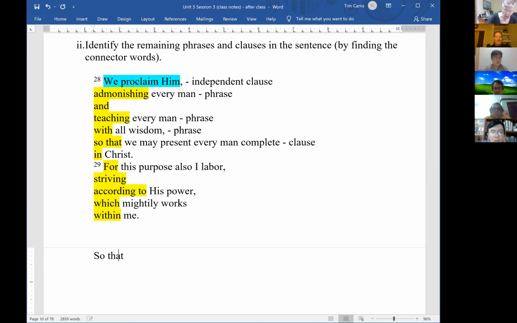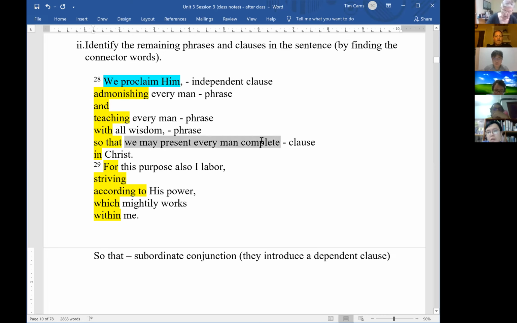Remember, way back when we talked about subordinate conjunctions, they introduce a dependent clause. Because they're subordinating, they're placing under what follows, that's what subordinate means. So what follows is a clause, but it's dependent because so that works. Dependent clause. Okay. Now, how about in Christ?